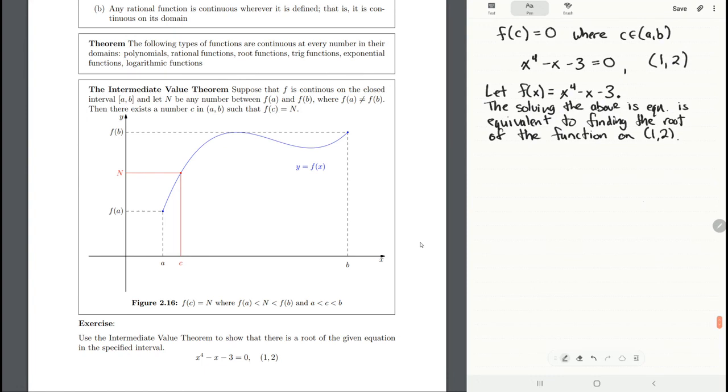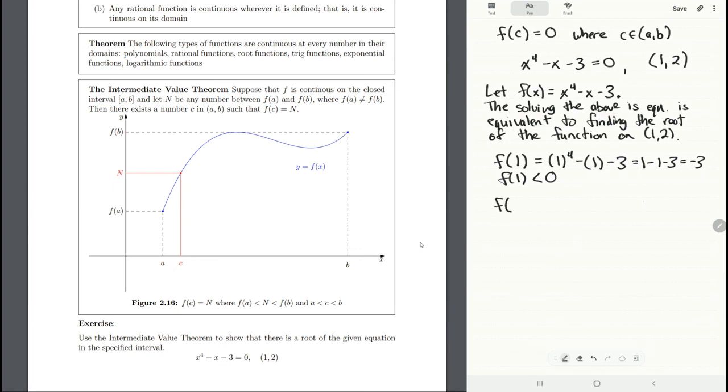So now we need to look at the signs of the function values at the endpoints of our interval. So we're going to evaluate the function at the endpoints, so f of 1 and f of 2. So we have 1 to the power of 4 minus 1 minus 3. So this is 1 minus 1 minus 3, which gives us negative 3. So we're given that f of 1 is negative, so it's less than 0.